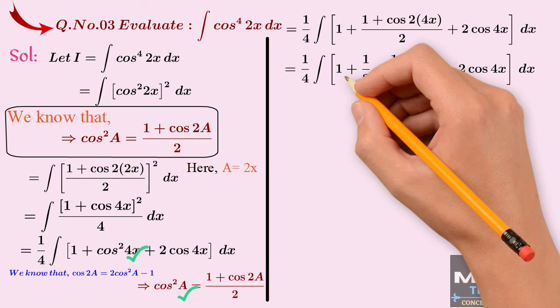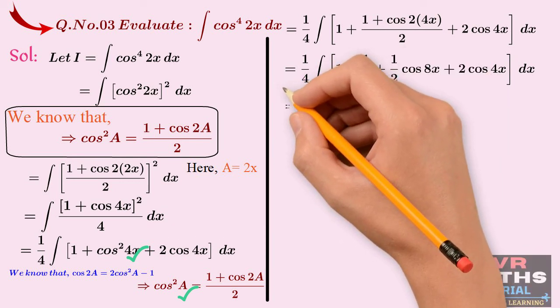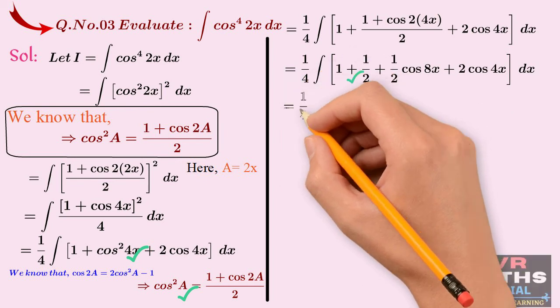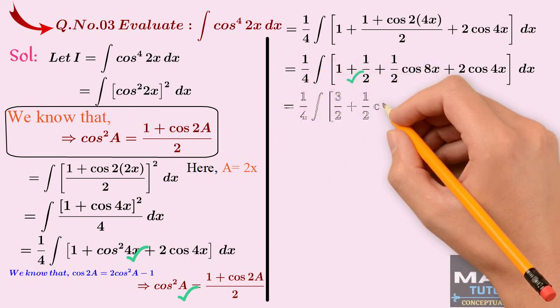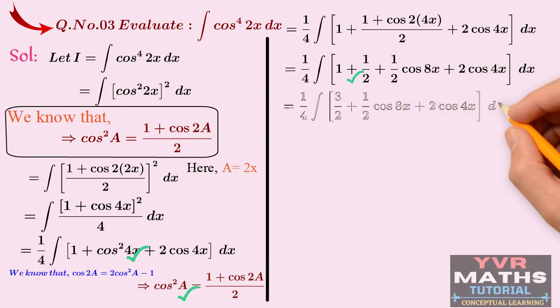Here 1 plus 1 by 2 is nothing but 3 by 2. Then the next step is 1 by 4 into integral 3 by 2 plus 1 by 2 cos 8x plus 2 cos 4x dx.